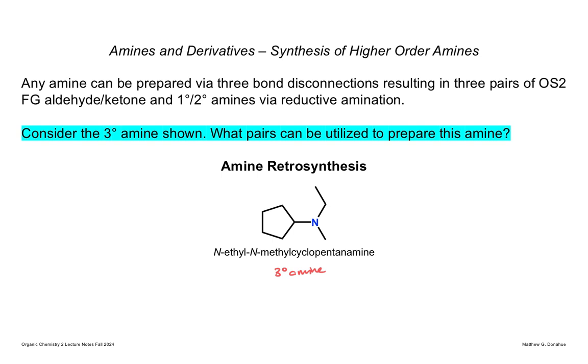Basically, what you can look at is 3 ways of making this. If you're starting to focus your eye on the nitrogen, you can sort of break those bonds 3 different ways. And then each way is going to give you a carbonyl component and an amine component that you can do the reductive amination on.